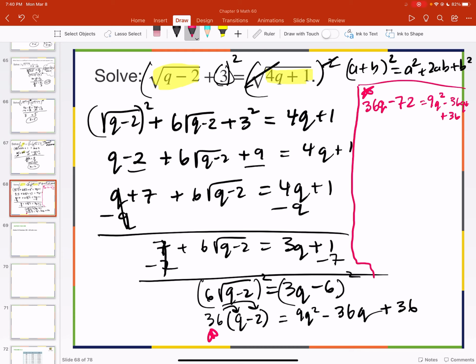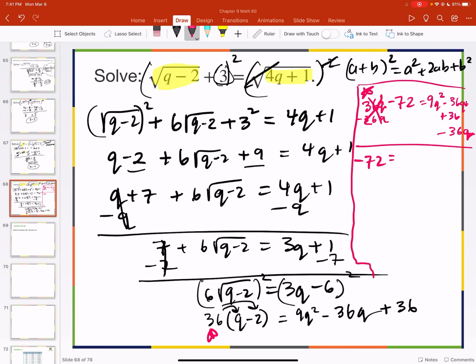Okay, so then now let's move everything over. Minus 36q minus 36q. So then you're going to get negative 72q on the left-hand side, sorry, is equal to 9q squared minus 72q plus 36.